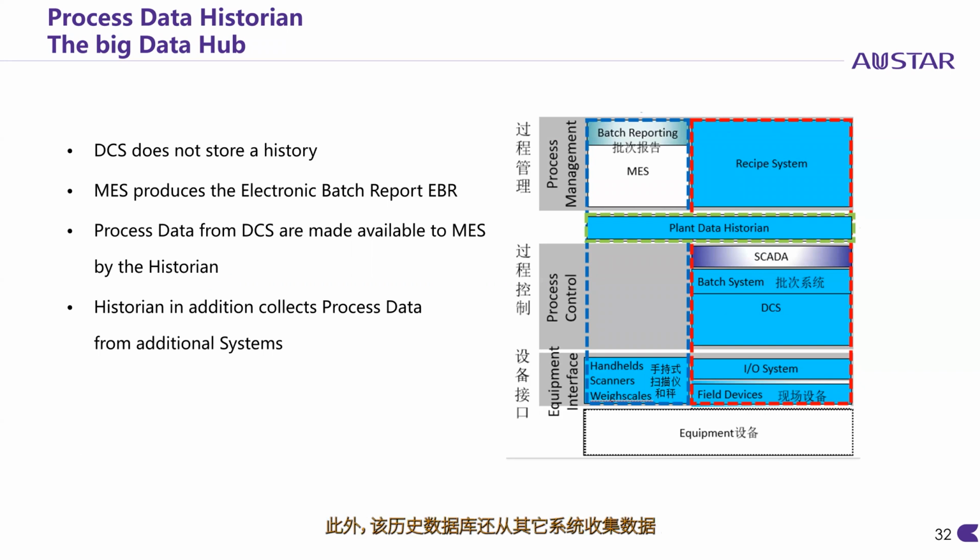So what we use the historian for is to make the DCS data available to MES so we can produce finally one report. The historian, in addition, also collects data from additional systems, not only from DCS, but also, let's say, from environment monitoring or room monitoring and utility monitoring. And we can add these data to our report.